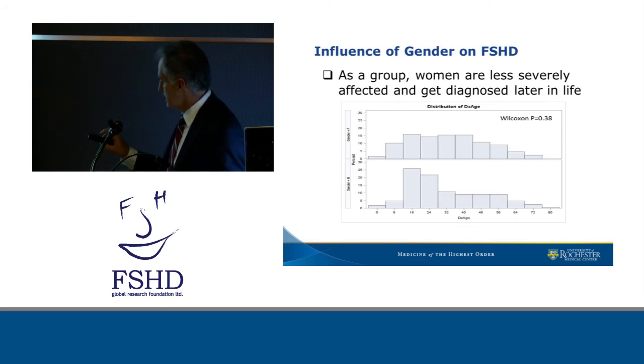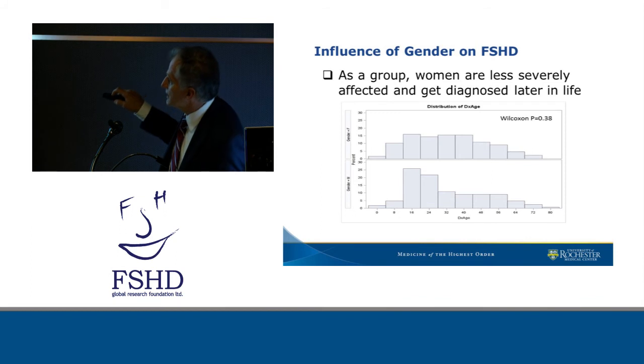When you look at women with FSHD, these bars are patients by age of diagnosis, and you can see a fairly normal distribution.